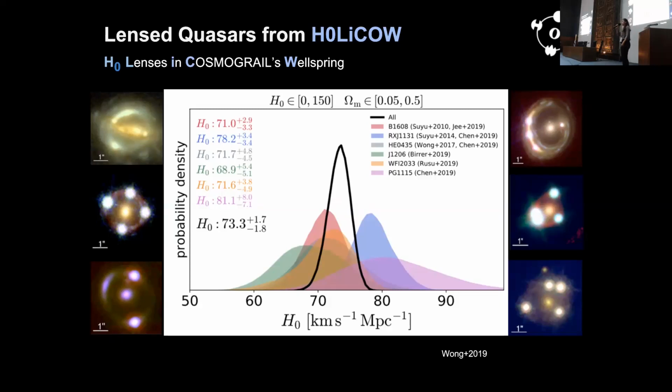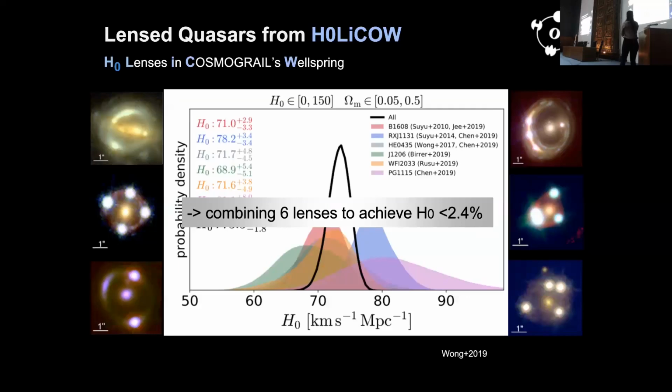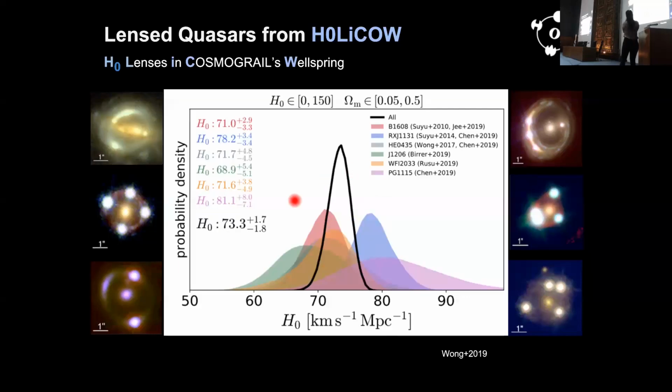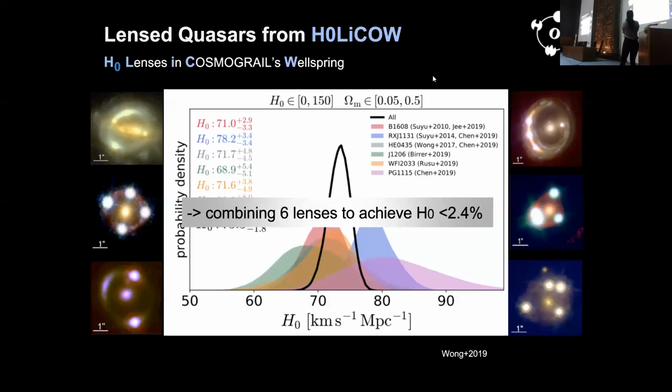The time delays were measured by COSMOGRAIL, which took light curves of these quasars, and they also obtained the mass model using the software GLEE. The joint likelihood of these 6 lensed quasars gives an H0 of 73.3, which means that, combining them using a flat lambda CDM cosmology, they obtain an H0 measurement with 2.4% precision.